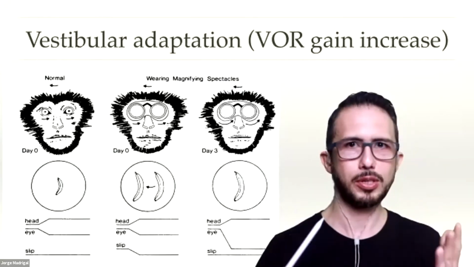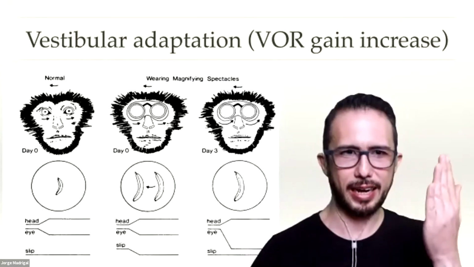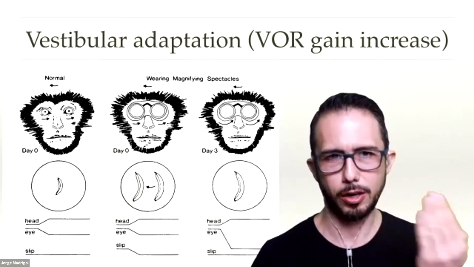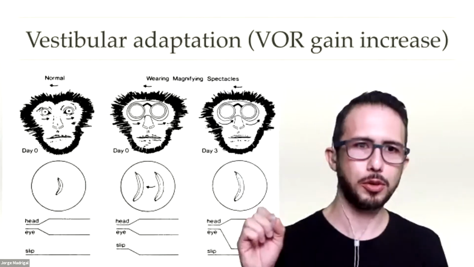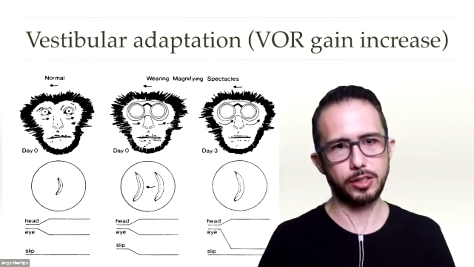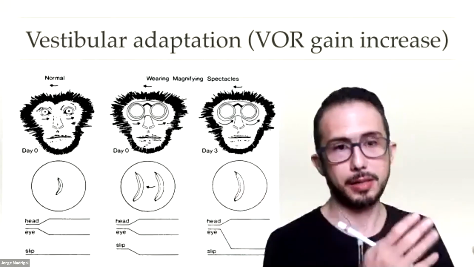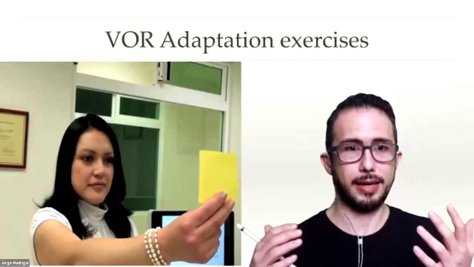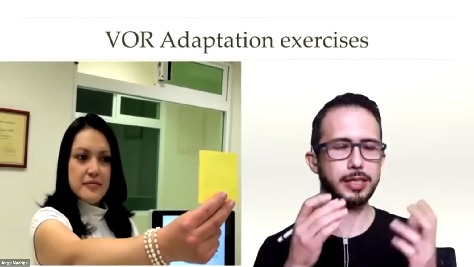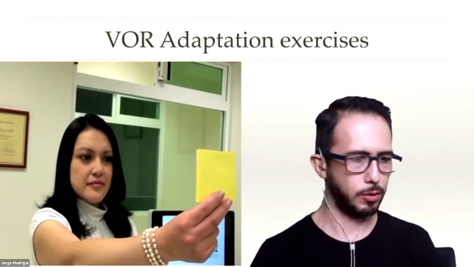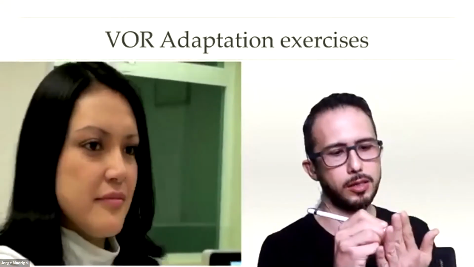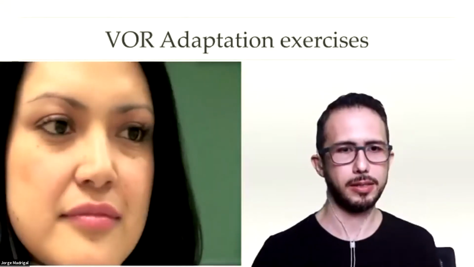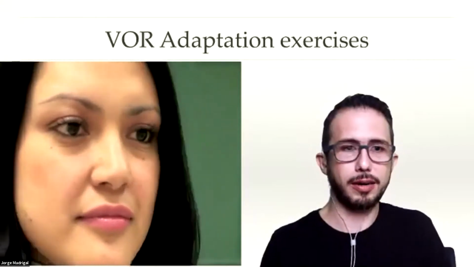We need to put our patients to see a little bit of controlled oscillopsia in order to use the cerebellar compensation systems to get that patient better. So it is a better idea to use this kind of exercise. We use a post-it with a small letter written on the post-it, and the instructions are very simple.